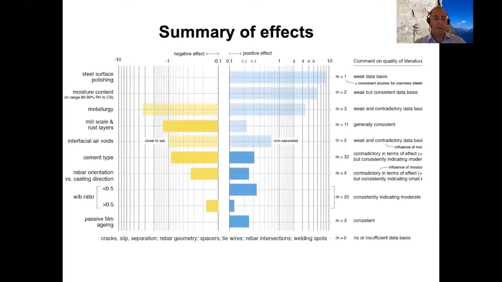An important finding from our study was, however, that parameters such as cement type or water binder ratio have a comparatively moderate effect on chloride-induced corrosion initiation in concrete, at least from the perspective of the steel-concrete interface. And this has an important implication that I will get back to in a minute.